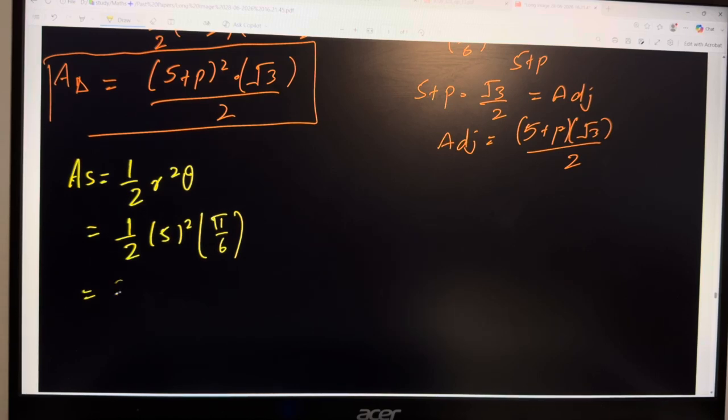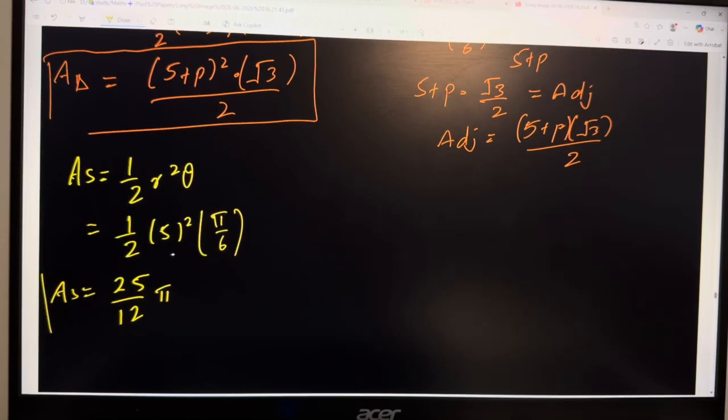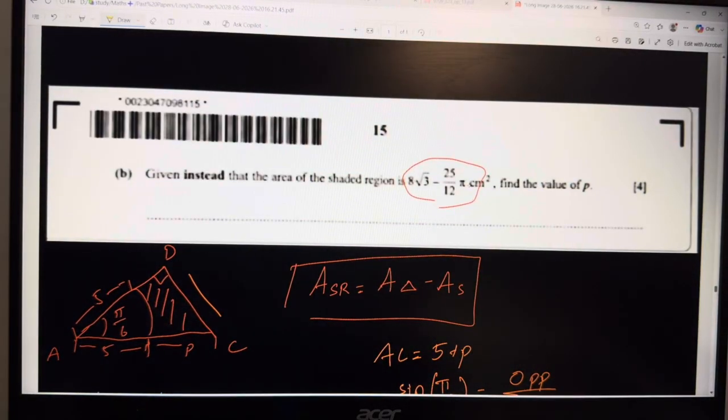Interesting. Wait, 25 upon 12 pi is in the question actually. It's given that this is the area. So yeah, this should be the area of the triangle then. Then this cancels, right? So you can write it down.